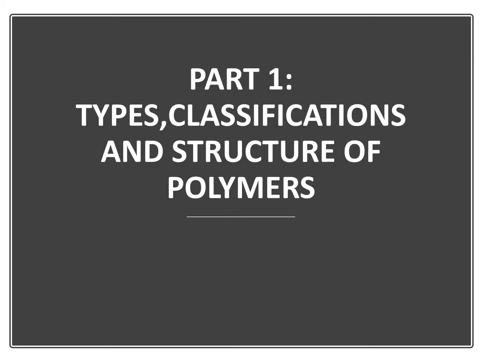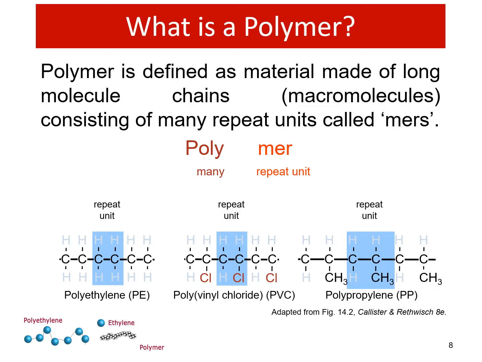The first part of this chapter is on the types, classifications, and structure of polymers. Now, let's first define what a polymer is. A polymer is defined as a material that is made of long molecule chains, or macromolecules, which consist of many repeat units called mers.